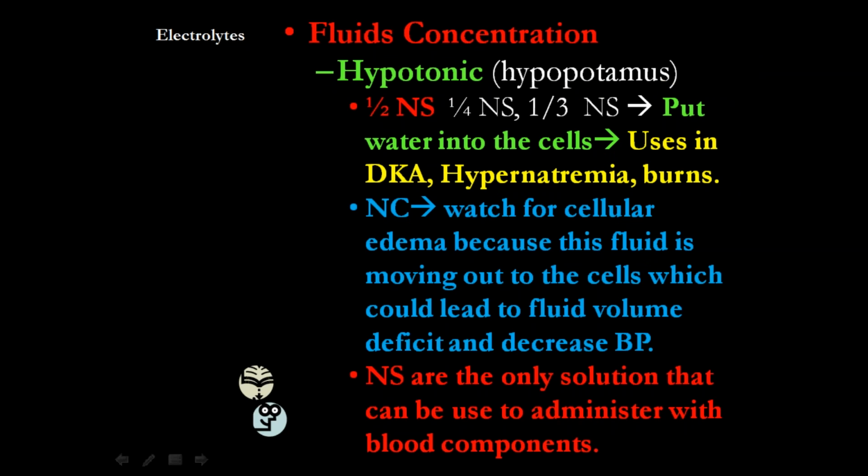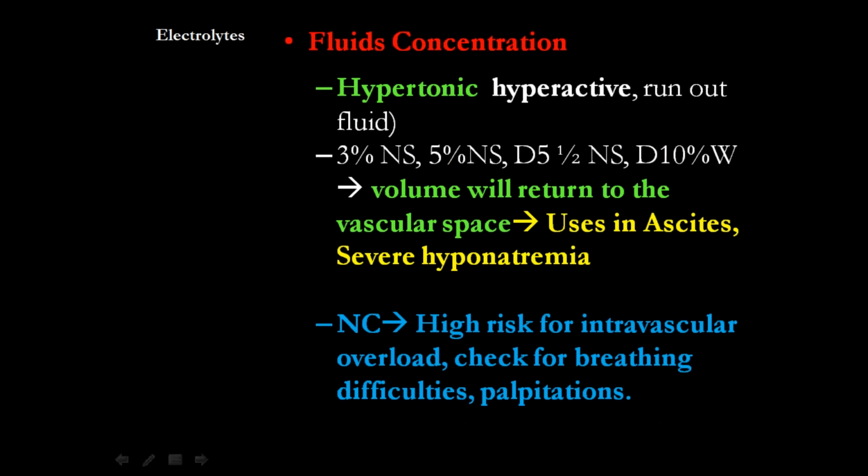Okay, so talking about fluid concentrations, we have the hypotonic, which is going to increase the volume of the cell because water is coming into the cell, and that is, for example, the normal saline solution. Normal saline solution is the only solution that can be administered with blood components. So remember that.